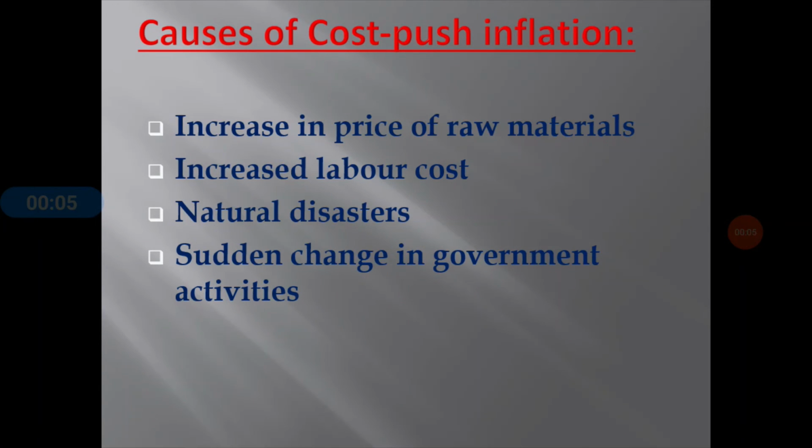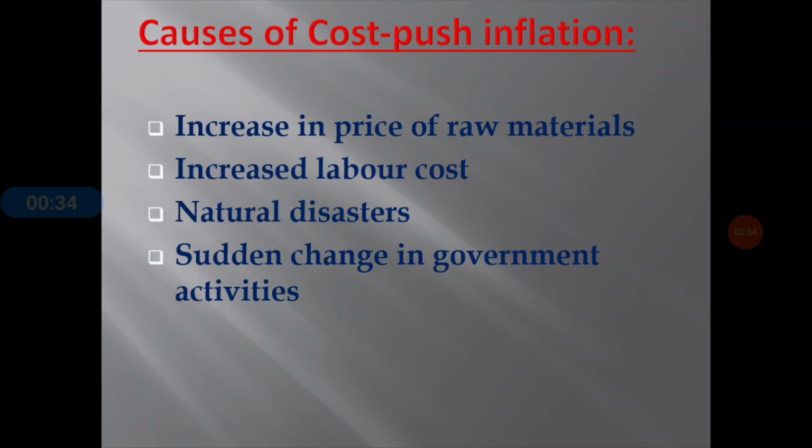Natural disasters like earthquakes and floods basically cause unexpected damage to production. As a result, there is a shutdown or partial disruption of production. So the cost of production increases and the price of the product will increase, and it indicates cost push inflation.